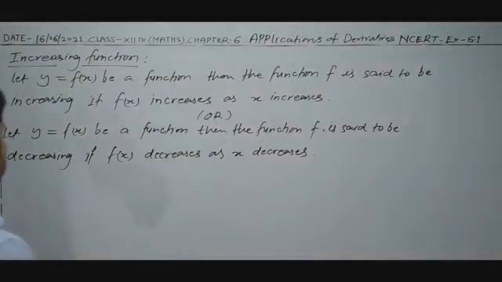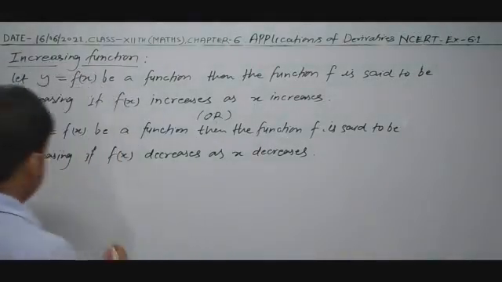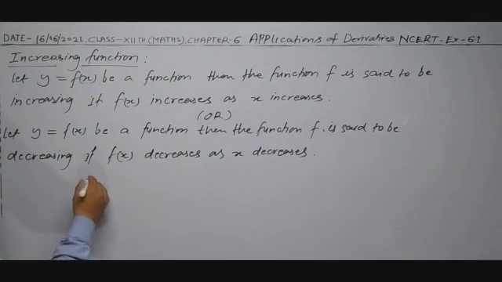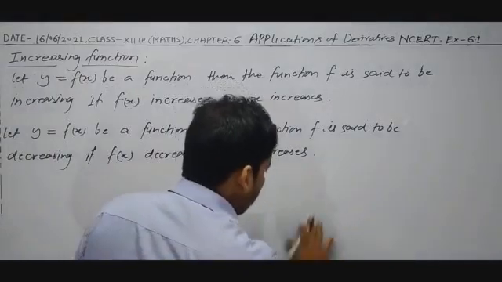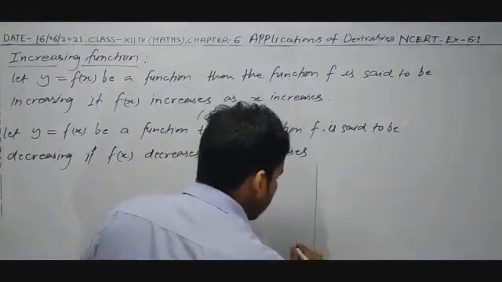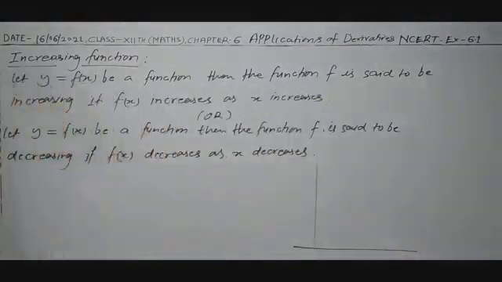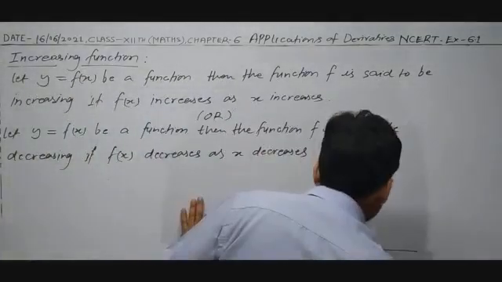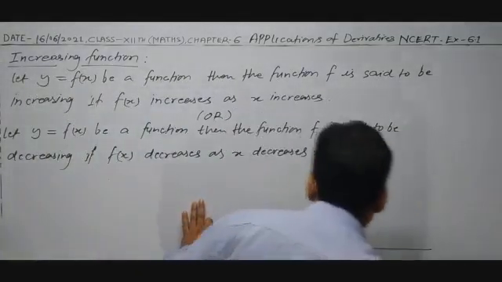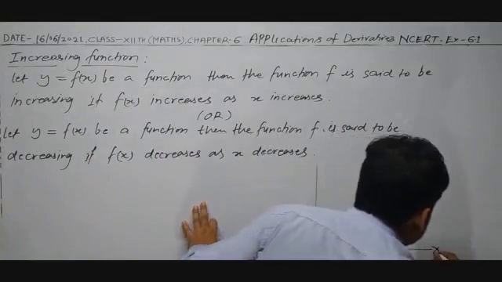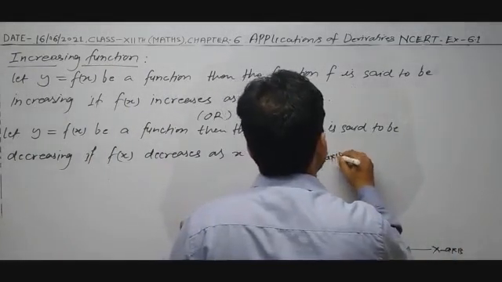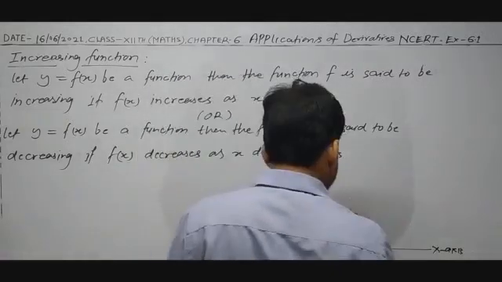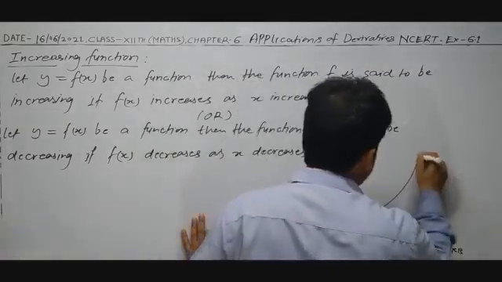Now see with the example. Suppose y is equal to f(x) be a function as shown in the figure. This is the x axis, this is the y axis, and this is the curve y is equal to f(x).